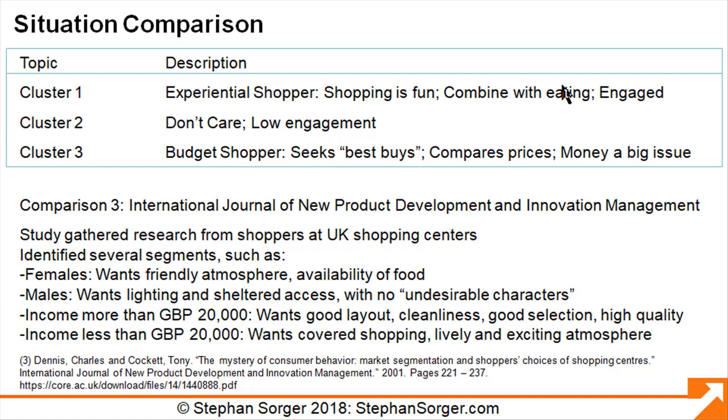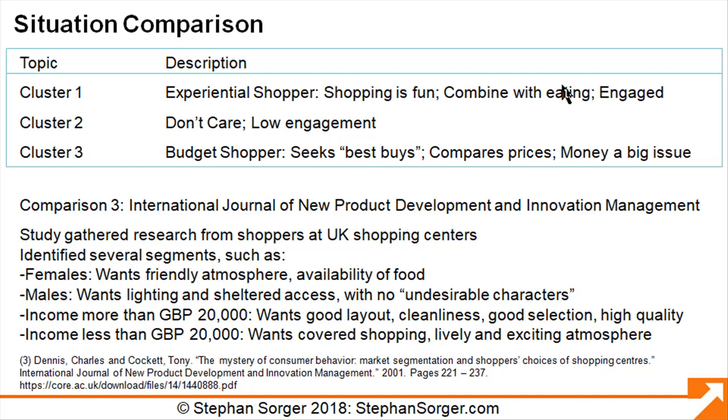For the final slide in the situation comparison section, we show a third comparison, in this case with the International Journal of New Product Development and Innovation Management. The journal identified several segments, such as females who want a friendly atmosphere and availability of food, and males who are more connected and concerned with sheltered access and safety.